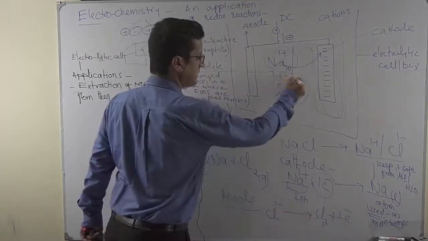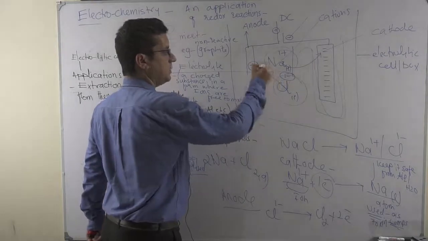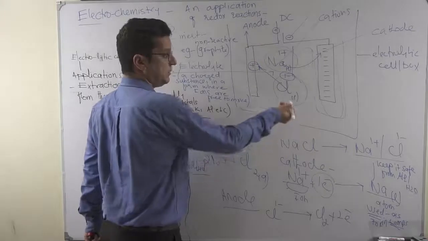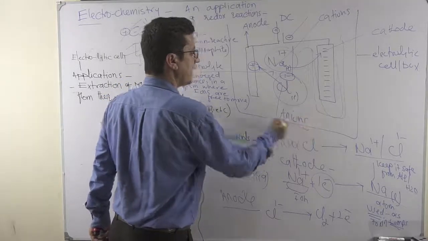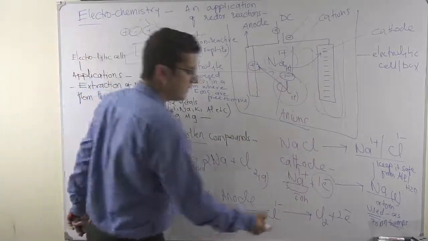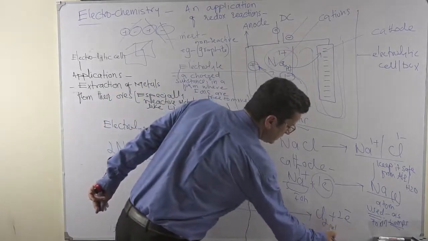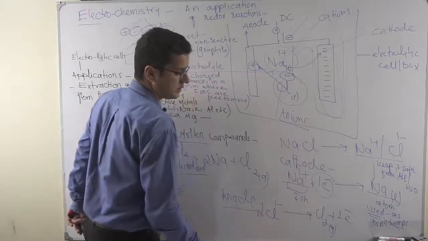That was the cathode reaction. All these chloride ions, the negative ions, are dragged by the positive anode. Opposite charges attract, so the anode attracts the anions. We call them anions because they move to the anode. At the anode, these chloride ions give away their electrons. Since chlorine stays in diatomic form, I have written Cl2, which means there must be 2 chloride ions.